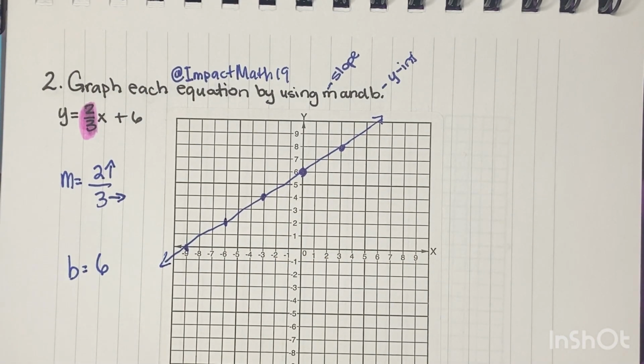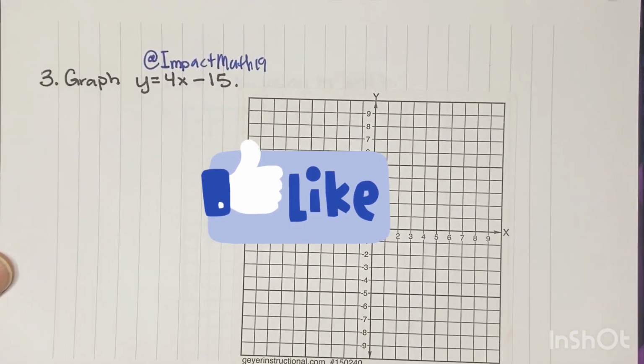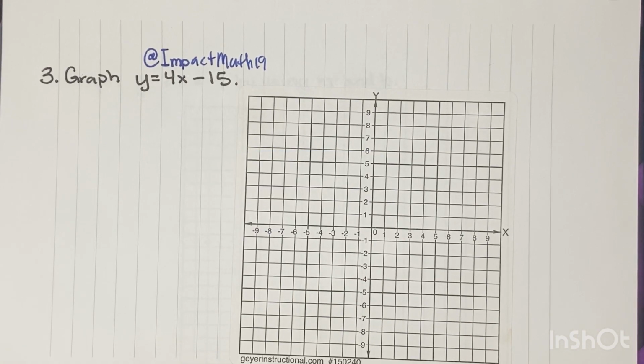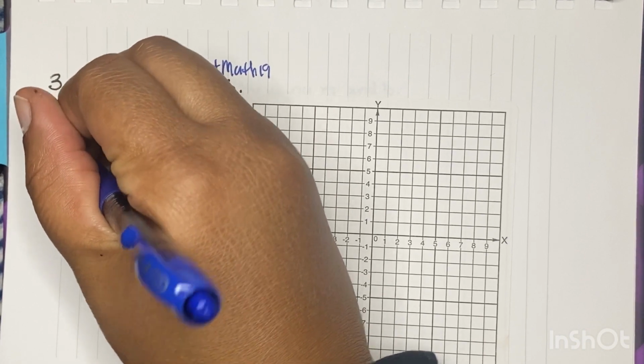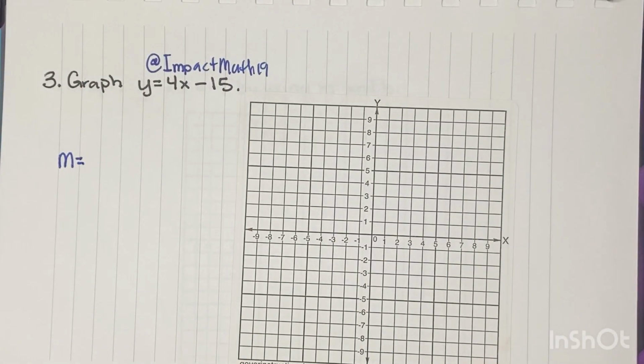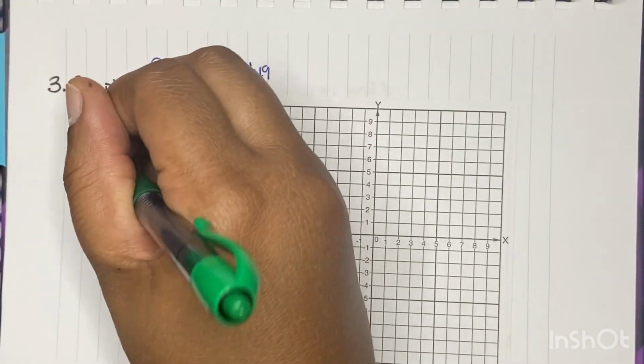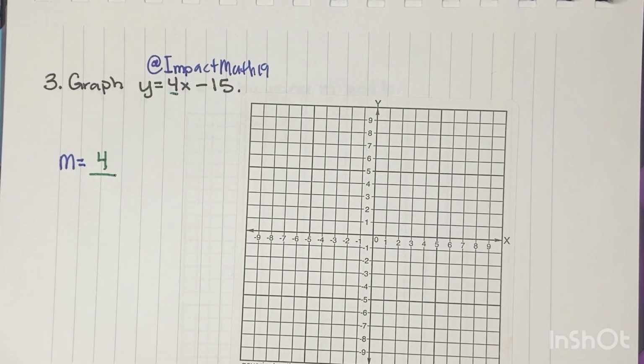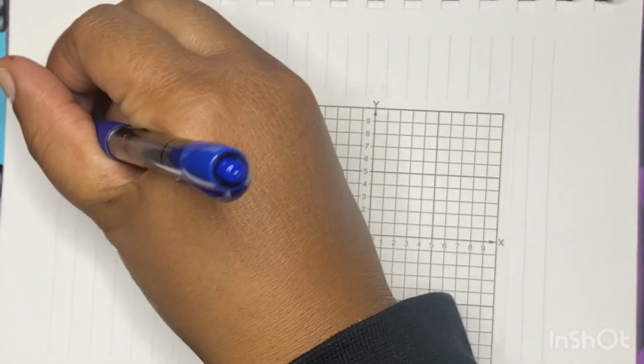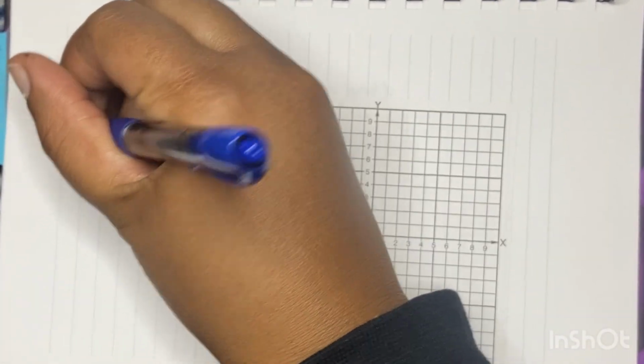Alrighty, let's go to the next. So here it says graph y equals 4x minus 15. Okay, so I want to first determine what my slope is. My slope is a number that's attached to the x. In this case, it's going to be 4. Now you have to remember slope is rise over run.